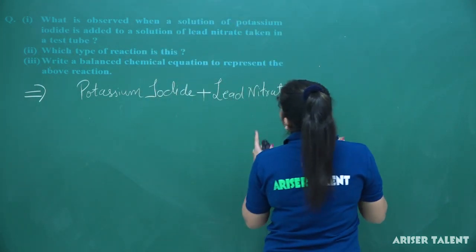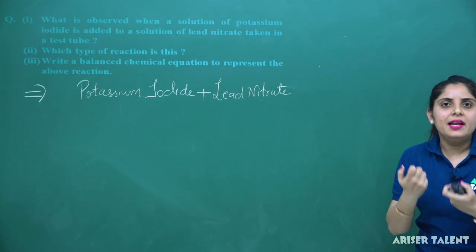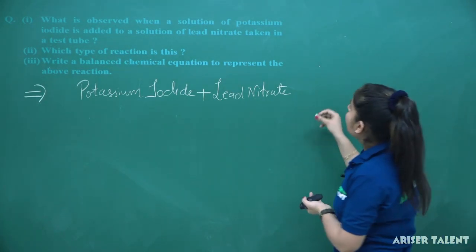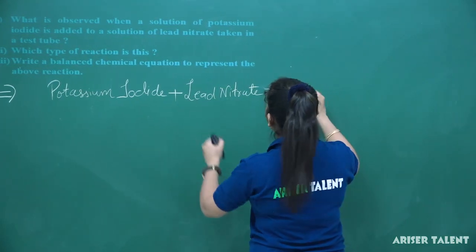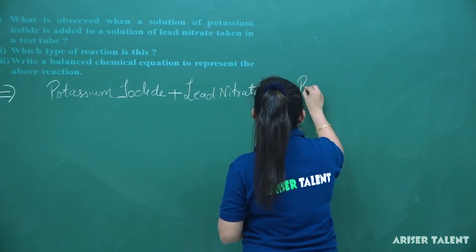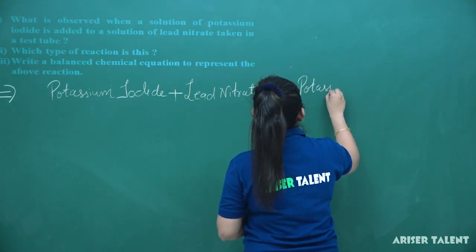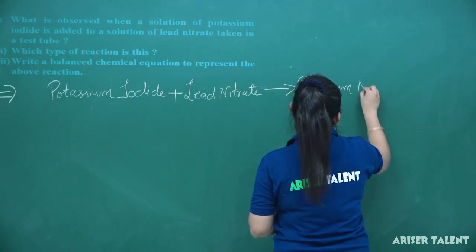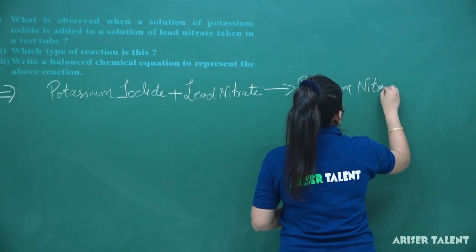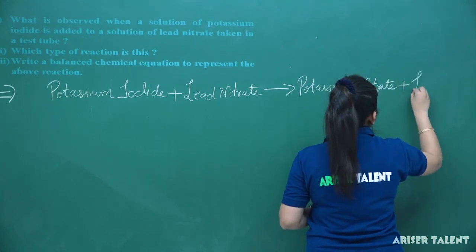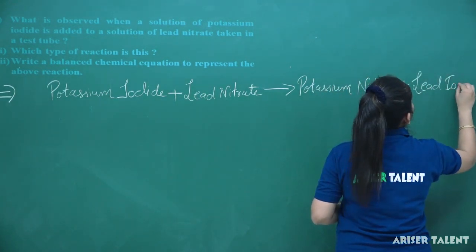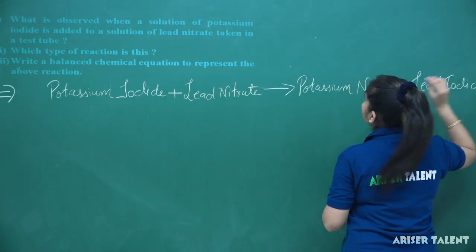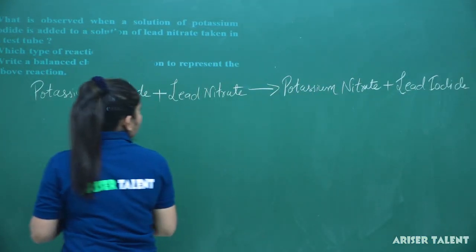If I put potassium iodide and lead nitrate in a test tube, what I am going to get here, we will get lead iodide and potassium nitrate. So these will be the products of the equation.